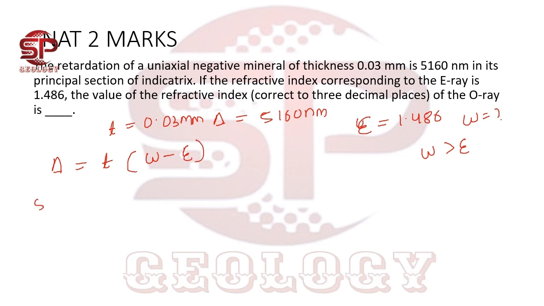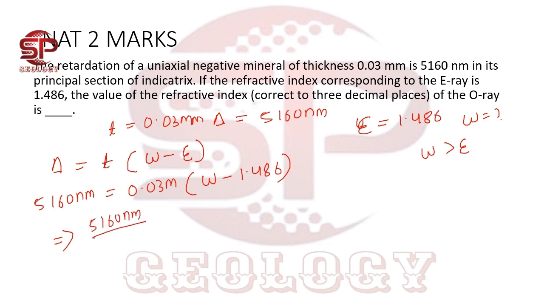Retardation is given as 5160 nanometers, thickness is given as 0.03 mm, epsilon is given as 1.486, and omega we have to find out. So 5160 nm divided by 0.03 mm equals omega minus 1.486. Here you have to convert either nm into mm or mm into nm.